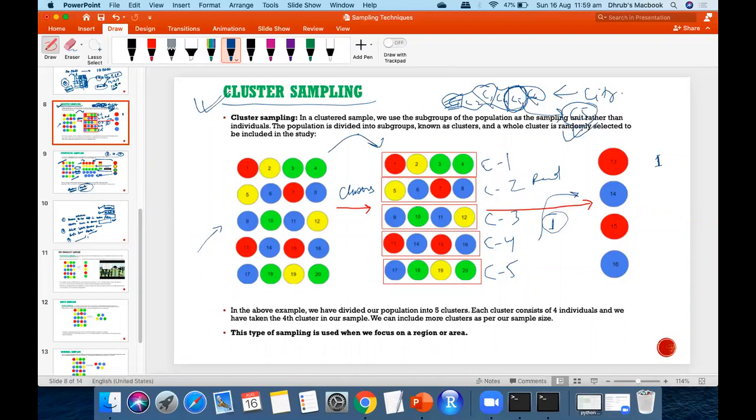Yeah, so you can divide into subgroups. The main way to select clusters or do the clustering is that all your clusters should be random.